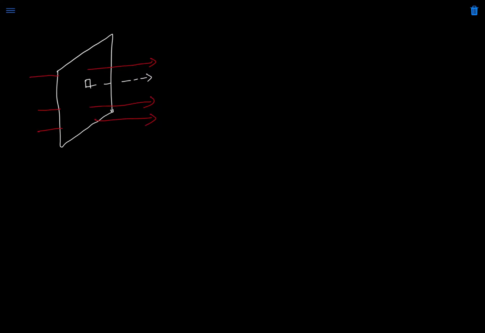As you can see, the electric field lines, or the red lines, are parallel to the normal line, or the broken lines. So the angle phi here will be 0, since the angle phi is the angle between the electric field and the normal line. This also means that the electric field is perpendicular to the surface.